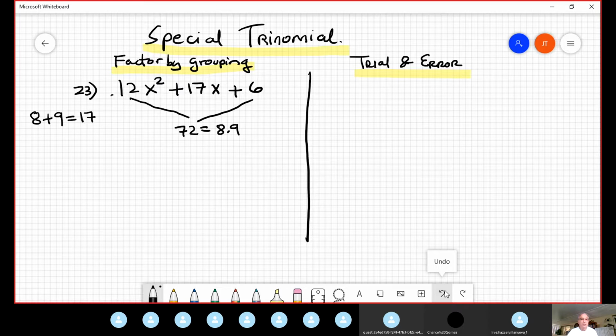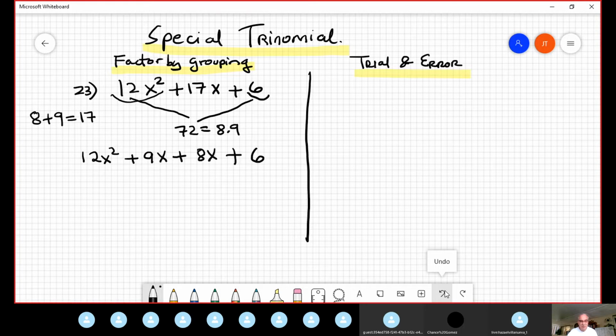So you take the first term and just bring it down. You take the last one and just bring it down. And you split 17 using 8 and 9, in order. You copy 9 first, 8 second.